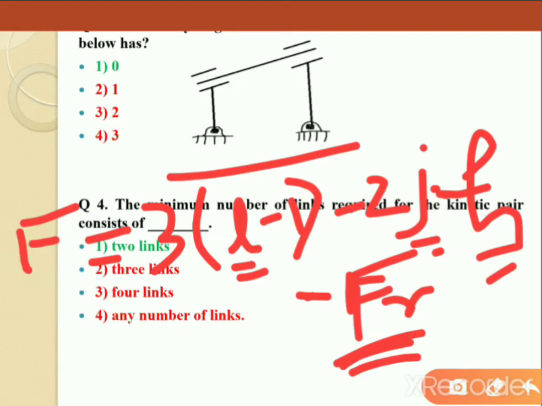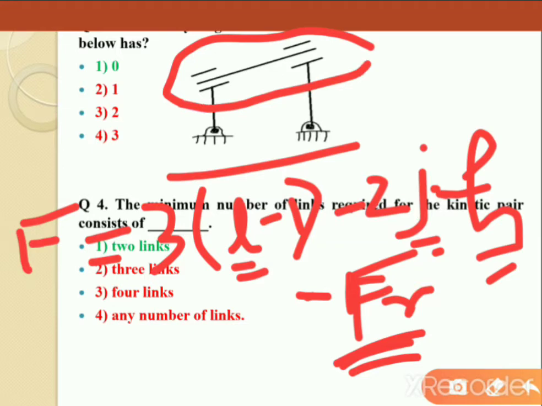Here you can see there is a non-desirable motion, because it's a link with a sliding pair. Without giving any input, the link will automatically slide in that direction. So it is an undesirable motion. The number of undesirable motions is 1.